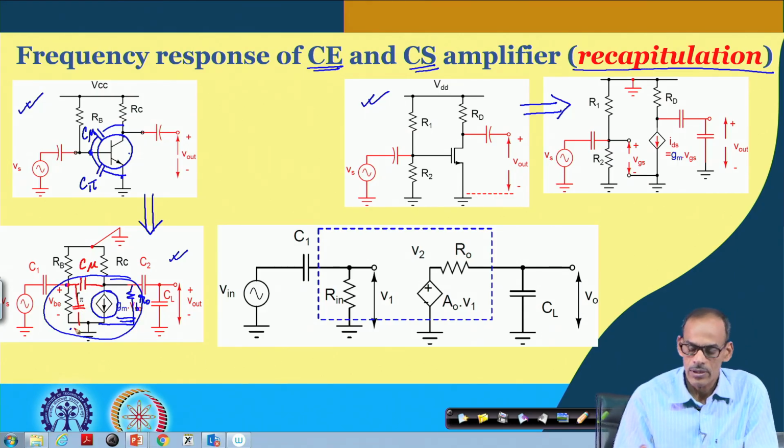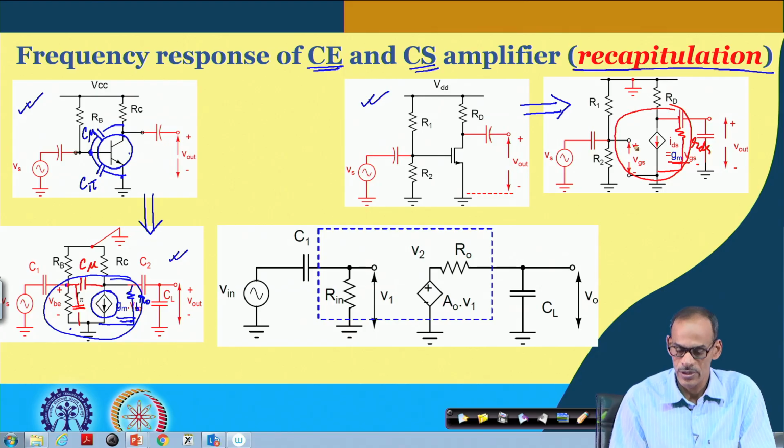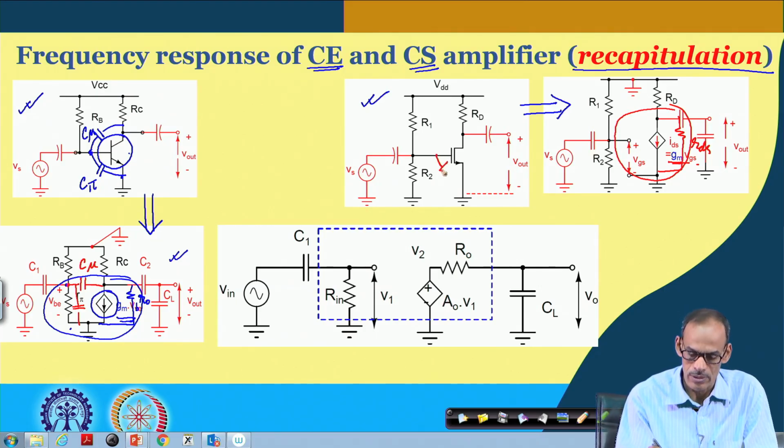Likewise, in the common source amplifier, in the model of the MOS transistor we have the voltage dependent current source gm into VGS, and we may consider rds, but so far we have not considered the inherent capacitances of the MOS transistor, namely gate to source capacitance CGS and CGD.